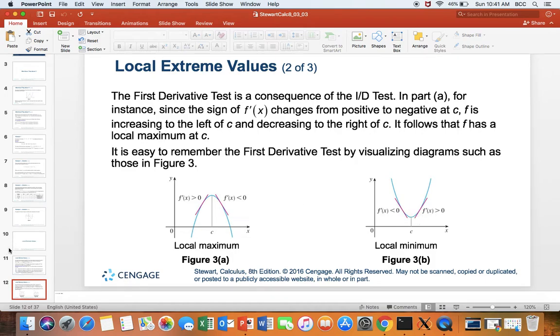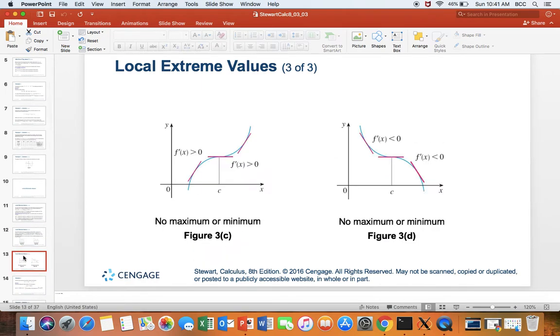On the other hand, look at this story. Here is c. To the left, you are increasing, f prime is positive. To the right, you are still increasing, f prime is positive. So this does not fetch you either a local max or a local min, any kind of max or min.